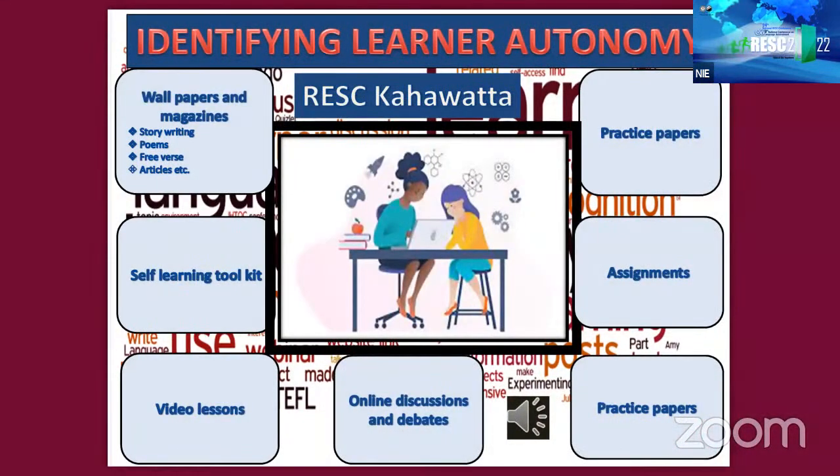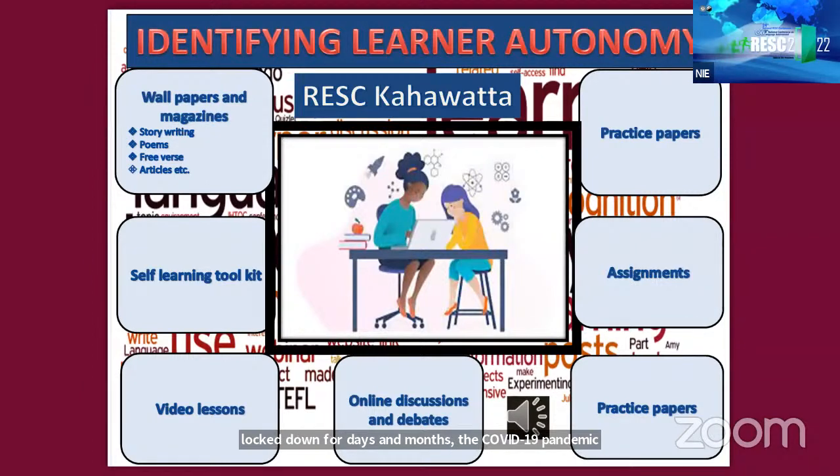We, the Kahawatha RESC, present the poster on identifying learner autonomy. After the bitter experience of being locked down for days and months, the COVID-19 pandemic made us think again about the autonomous learner.